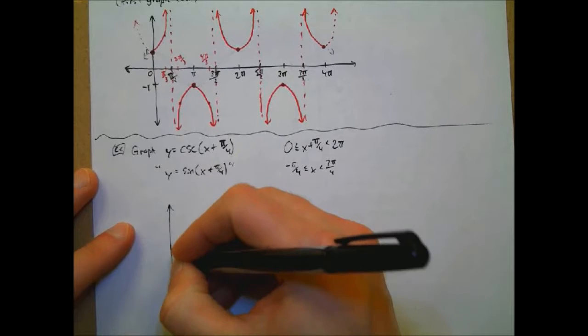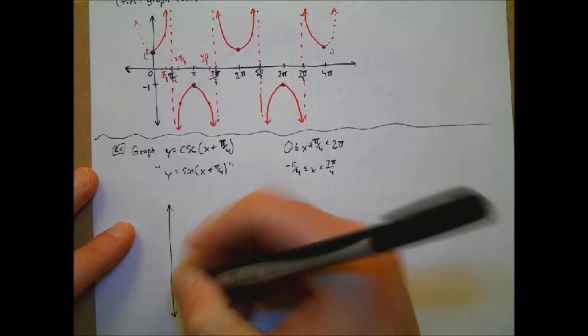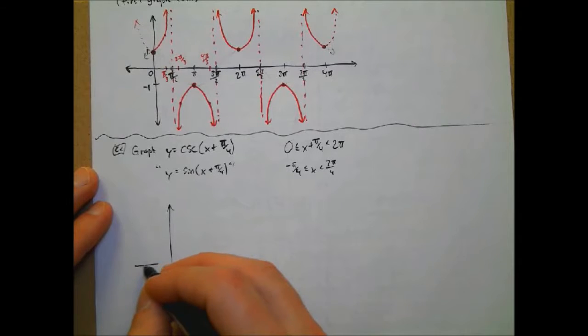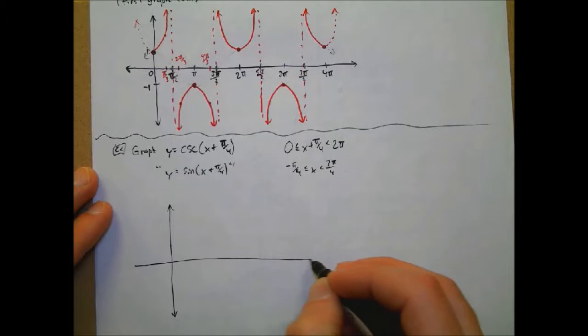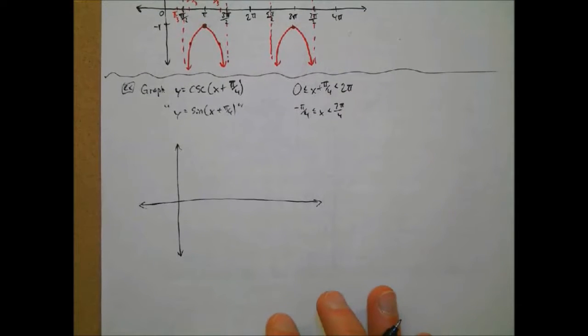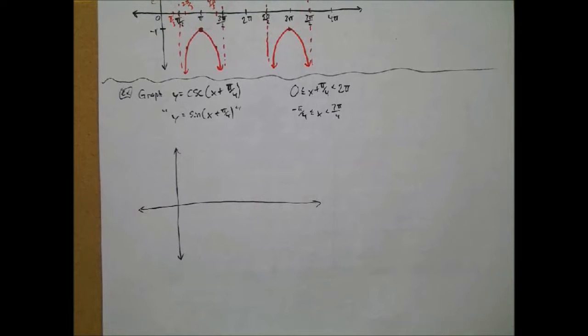Okay, so graph this as if we're graphing sine. What's the amplitude going to be for our sine graph? 1. This means the highest we have to go is positive 1, and the lowest we have to go is negative 1.